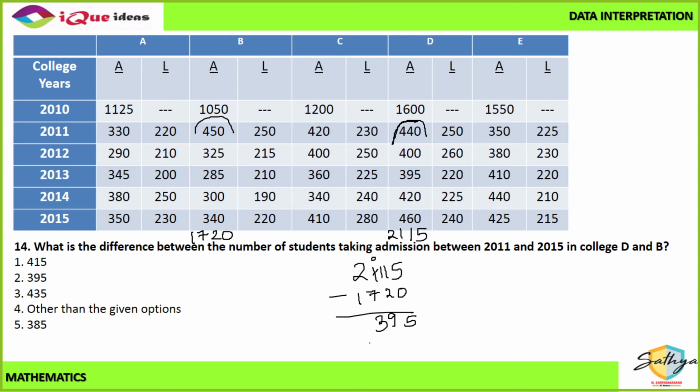Which one, Siddhant? Where did 1725 come from? Sorry. Yeah, this is 1700. 5, 10, 0, 1 carry forward. 6, 7, 8, 16, 20. This is 1700. Right, this is 1700.